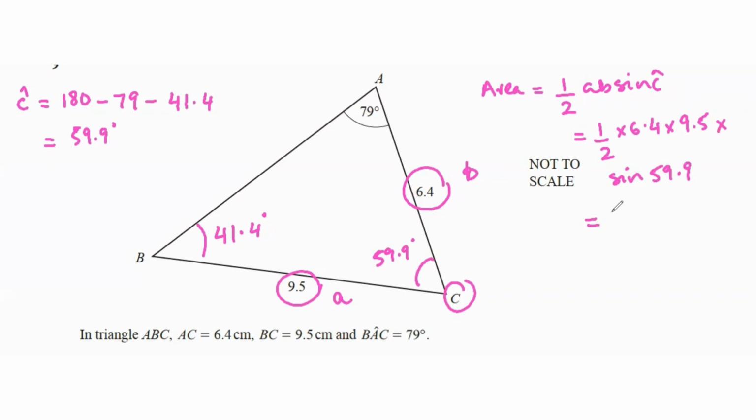That is going to give us 26.3 centimeter square. That is the area of this non-right angle triangle. If it was a right angle triangle, you could have easily done 1 over 2 times base times height. But since it's not a right angle triangle, you will use this formula.